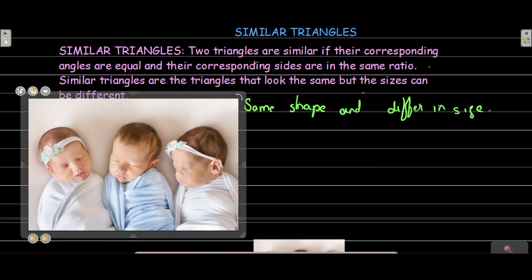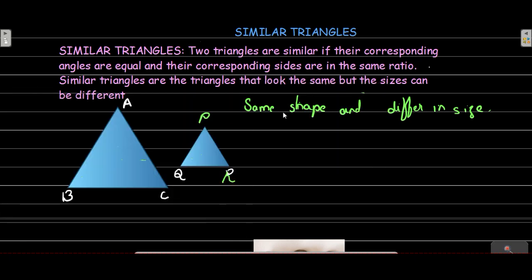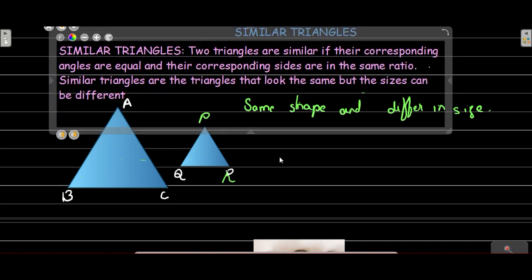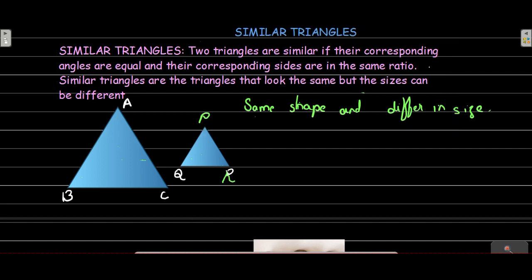Let us now look at this. The first basic definition we have seen for the similarity of triangles is that the two triangles will be of the same shape and they may differ in size. For that, we have two criteria in terms of measurements. The first is corresponding angles. If two triangles are similar, then the corresponding angles will be equal.